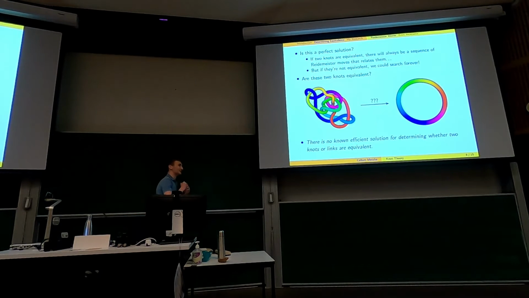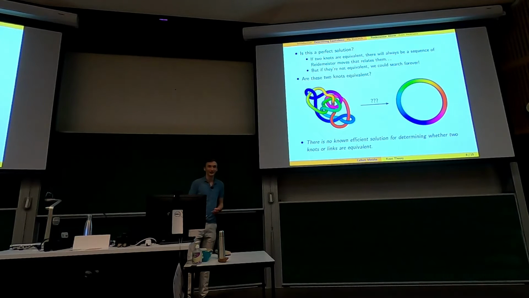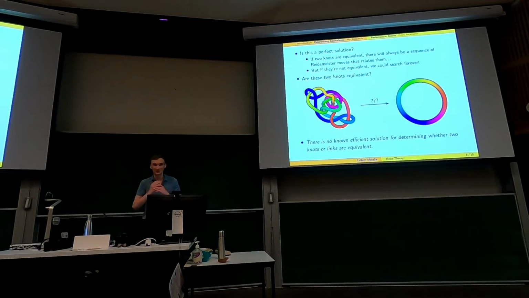And in fact, as of now, there is no known efficient way, efficient meaning within any reasonable amount of time that doesn't explode exponentially, of telling whether two knots are equivalent or not, which is really interesting. Maybe there is a way, but we don't know it yet.